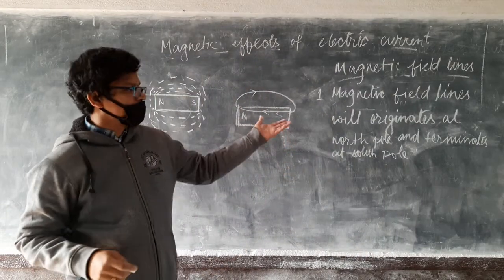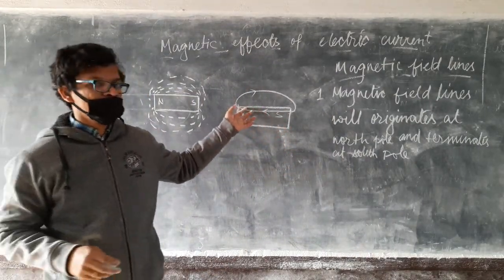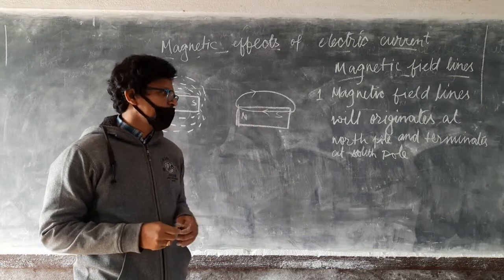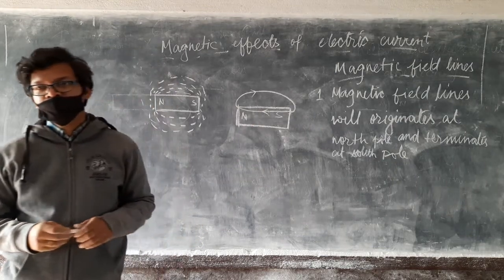And this is talking about the outside of the magnet. Second point is that magnetic field lines will always be in a closed loop.